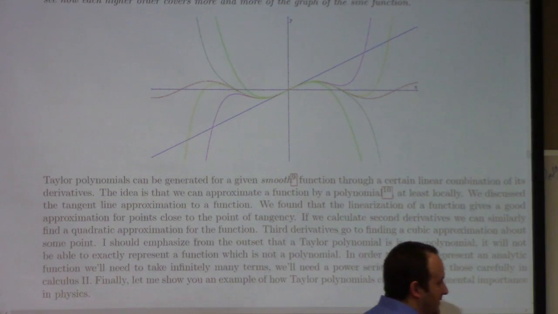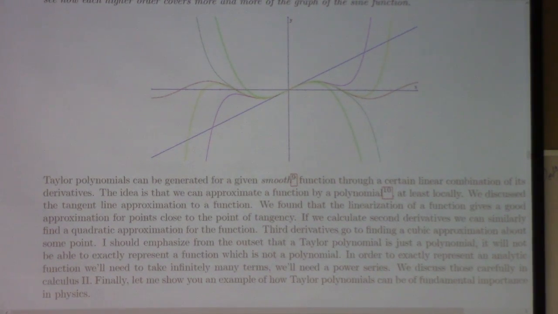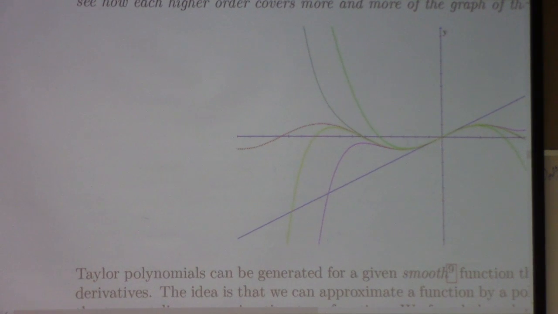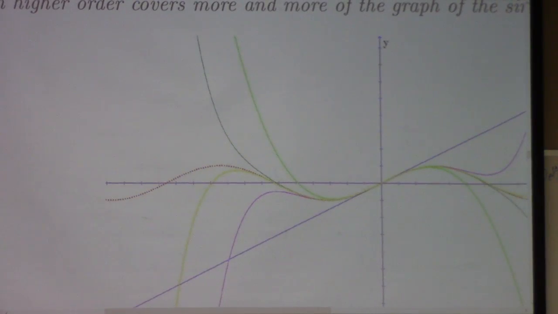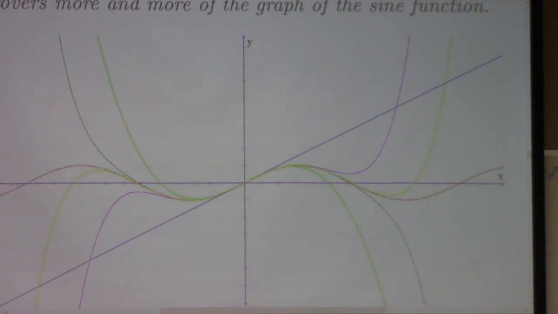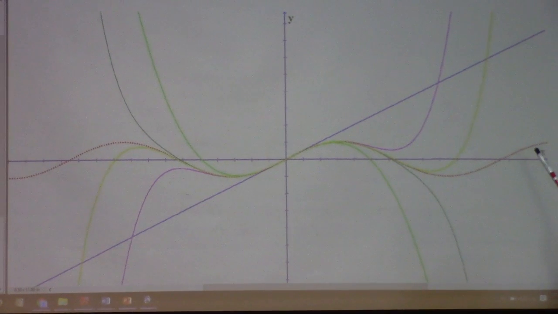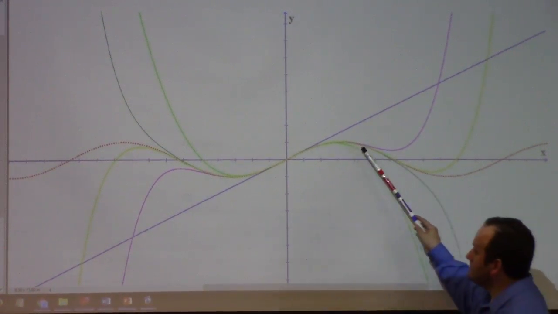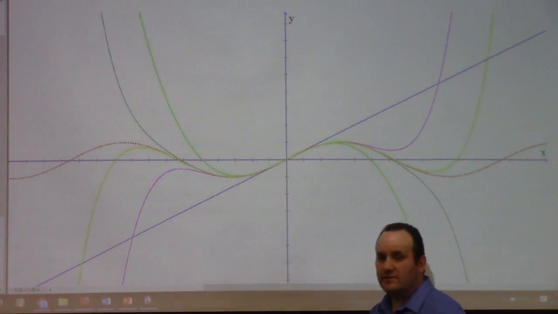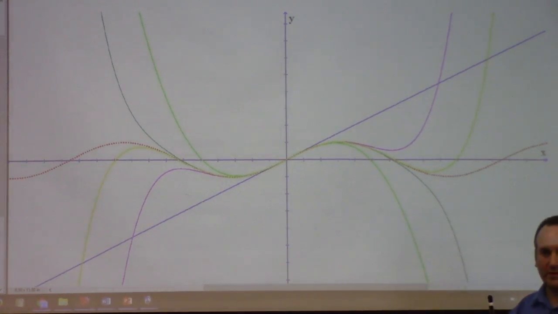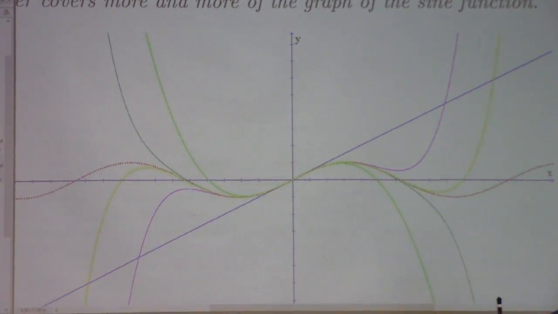So what you're looking at here, guys, let me try to explain this picture to you. All right. The dotted line is the sine function. And what you're looking at is Taylor polynomials that are building the Maclaurin series for sine centered at 0.